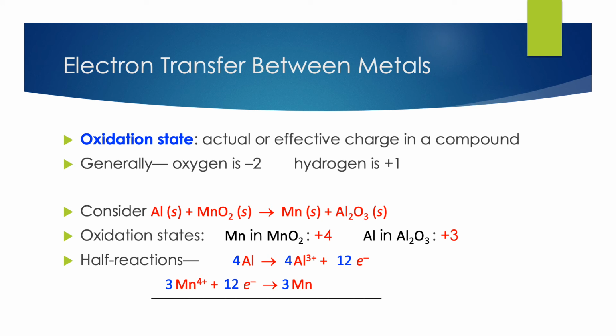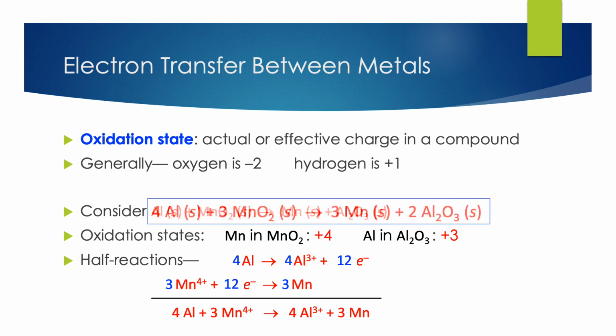Now I can add these together to form the full reaction, and I get 4 aluminum plus 3 manganese ions going to 4 aluminum 3+ ions plus 3 manganese atoms. So this now gives us the clue for how to balance this overall chemical equation. If I simply apply these numbers in front of the various species that are in the skeleton equation above, I'll end up with this chemical equation.